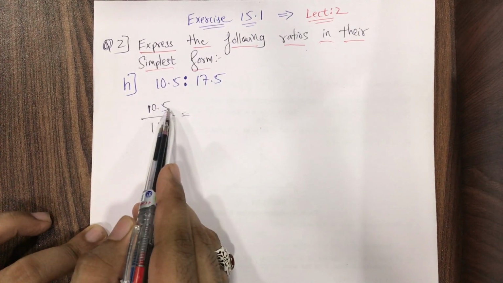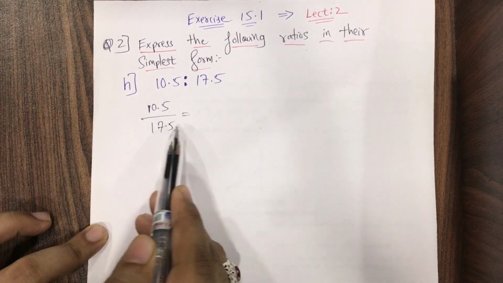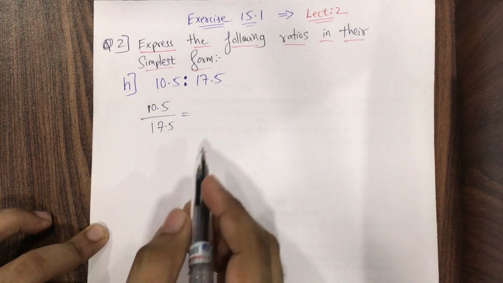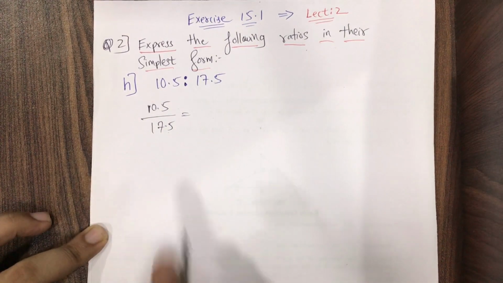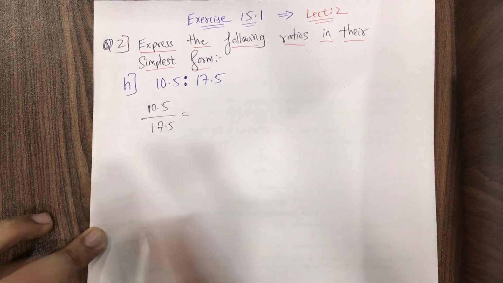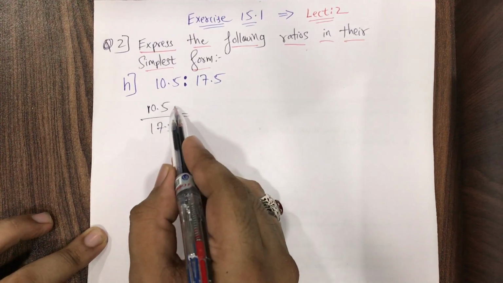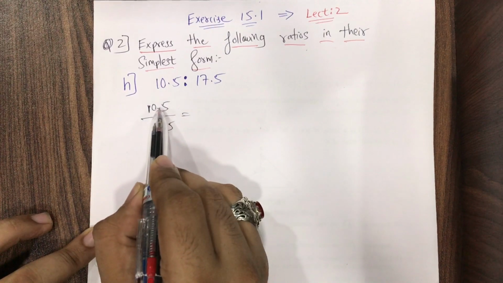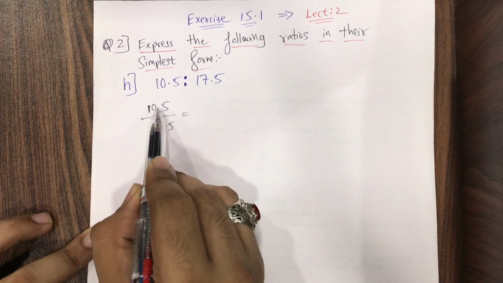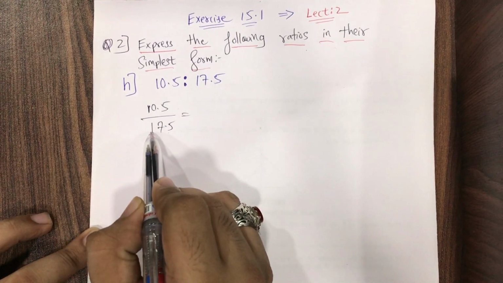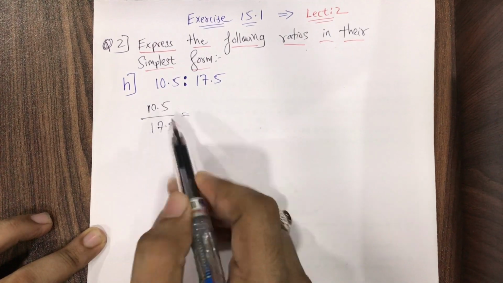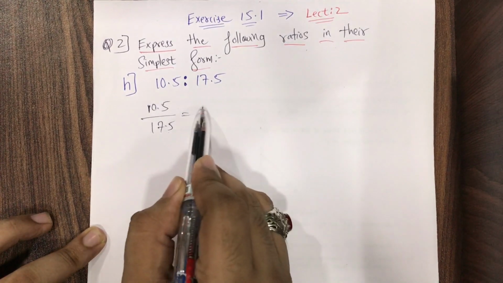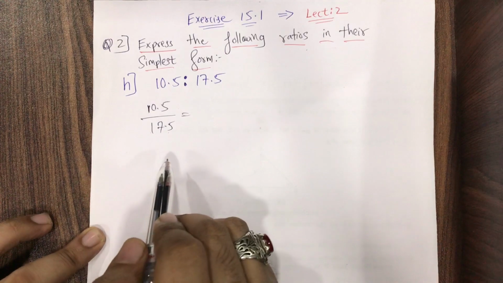In the numerator, it's after one digit, and denominator also it's after one digit. So we can easily eliminate the decimal point. The reason behind it is I can multiply numerator and denominator by 10. So if I multiply this with 10, it will shift the decimal point on the right hand side. It will become 105.0, and this will become 175.0, and .0 can be avoided. So we are left with 105 upon 175.